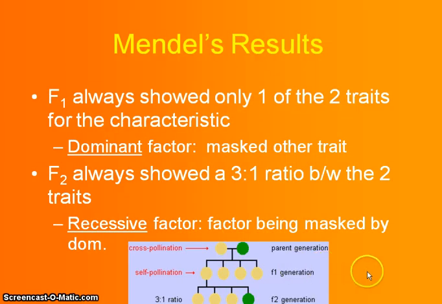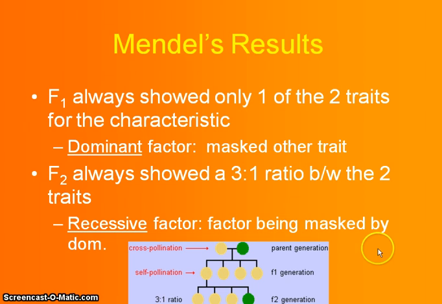So what he discovered was that there must be a dominant factor and a recessive factor. The dominant factor is going to mask the other trait in the F1 generation, and then in the F2 generation, that 3-to-1 ratio comes upon us, and you start to see that other trait shown again. Fewer in numbers, but we see it appear again, and he thought that one must be caused by a recessive factor, one that's normally dominated by, or hidden by, the dominant factor.